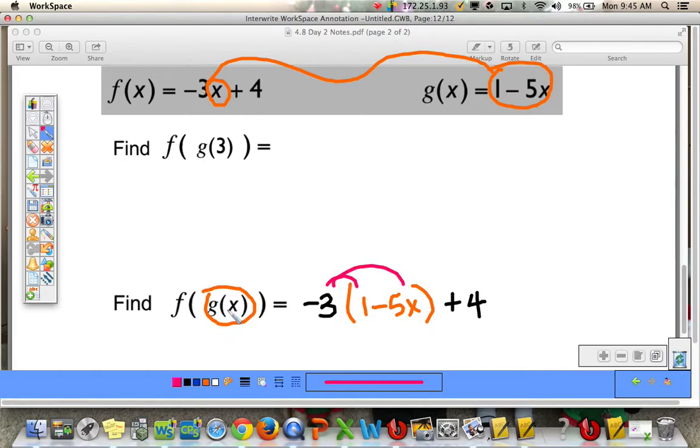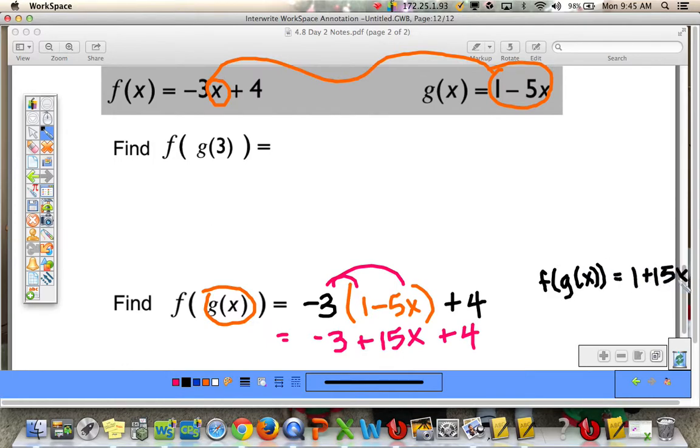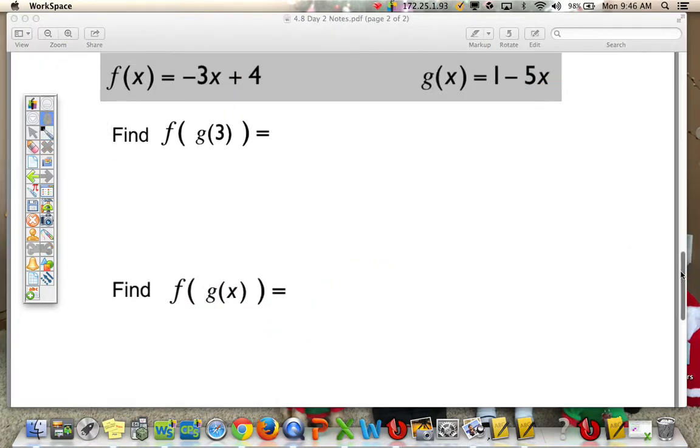So when you have g of x in here, you'll get an equation answer, not a number answer. You'll get -3 plus 15x plus 4 from right here. Let's combine like terms. Negative 3 plus 4 is 1. So we're going to say f of g of x, an equation answer, is 1 plus 15x. So f of g of x means plug in your g function into x, into the f of x function. Find the new function.